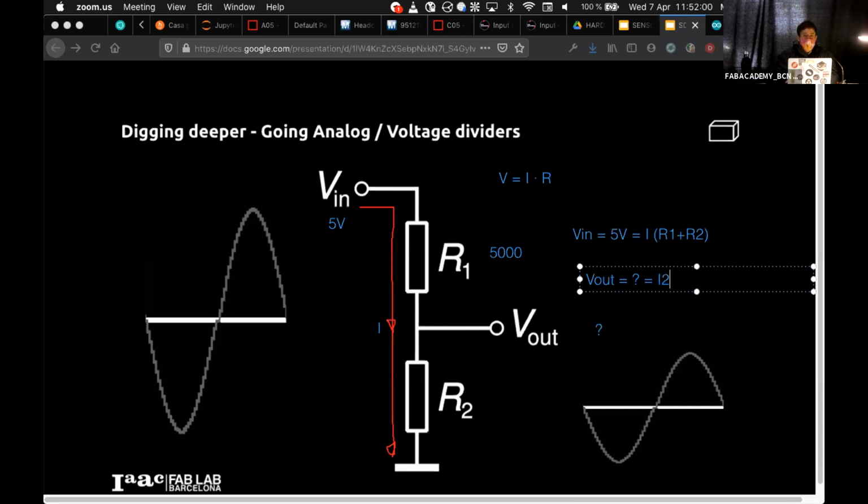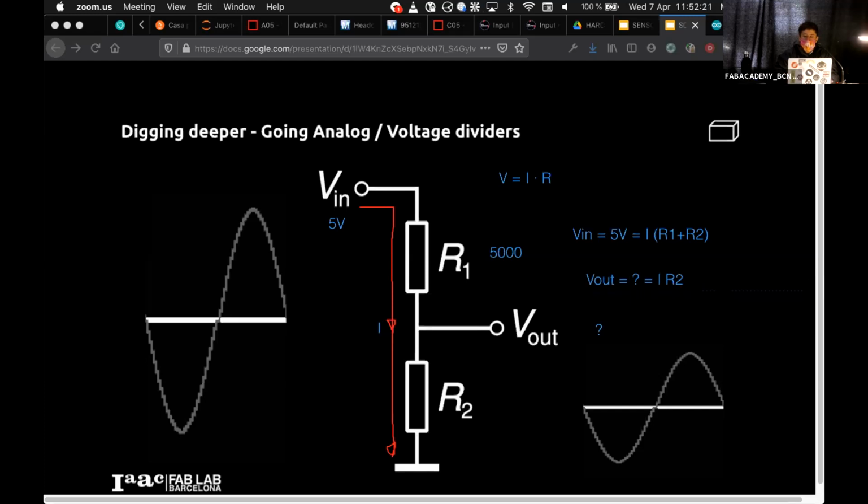I2, but do you guys agree with me that this current is the same for both? Do I need I2 times R2 or can I just say I? The same, no? So it's the same current, right? Okay.